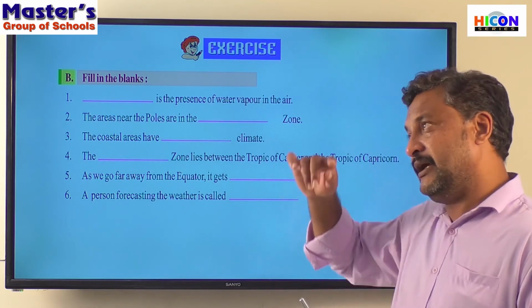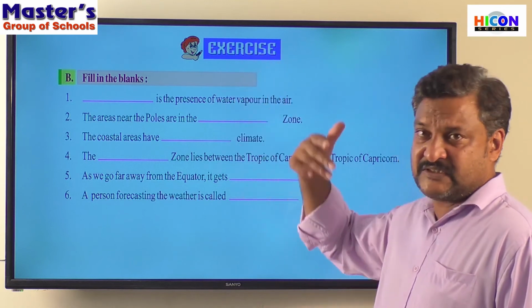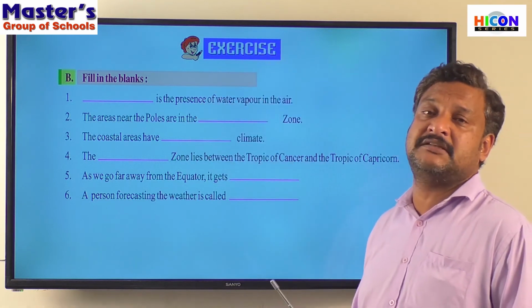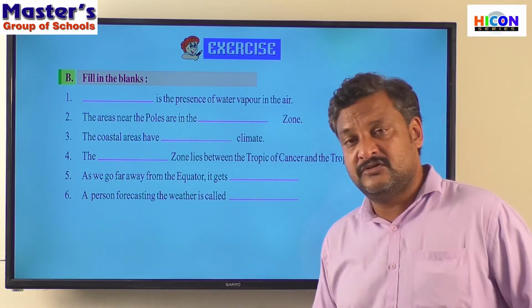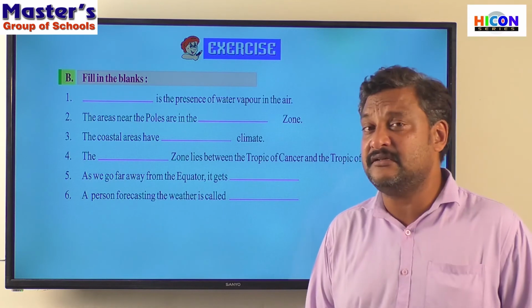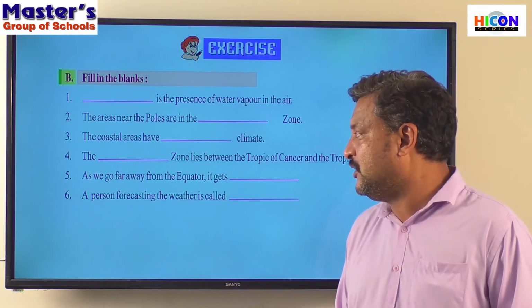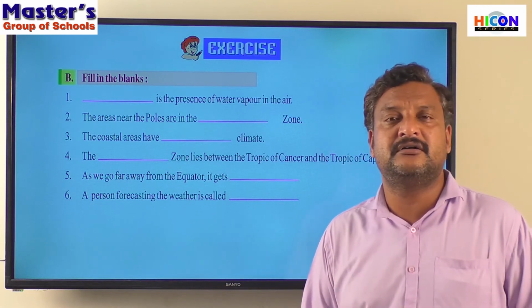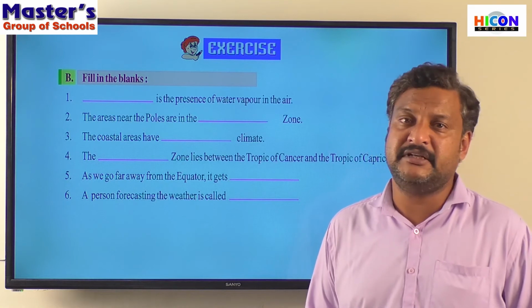Now, the dash zone lies between the Tropic of Cancer and the Tropic of Capricorn. The zone that lies in between the Tropic of Cancer and Tropic of Capricorn, which passes through the equator, is known as the torrid zone. Torrid zone. As we go away from the equator, it gets cooler, isn't it?